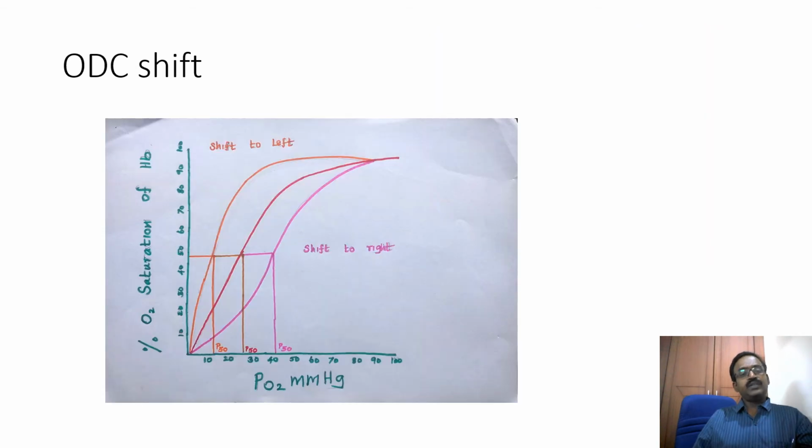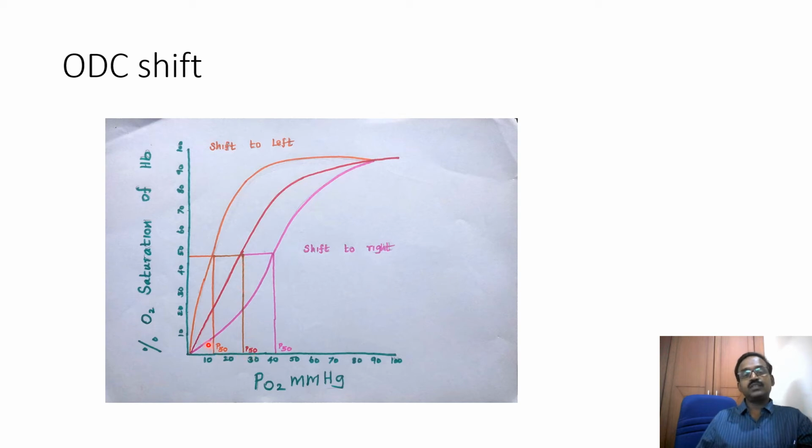This diagram depicts the shift of the oxygen dissociation curve. This is the normal sigmoid shaped oxygen dissociation curve. For the normal curve, P50 is 27 millimeters of mercury.